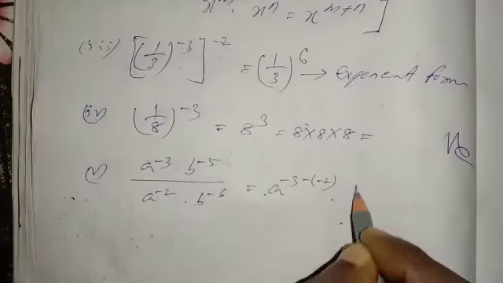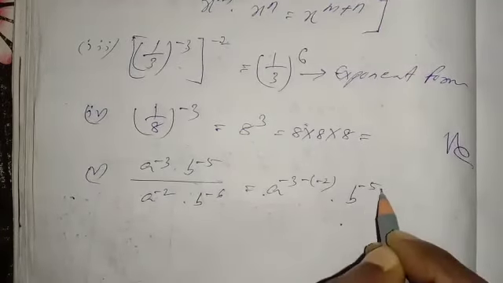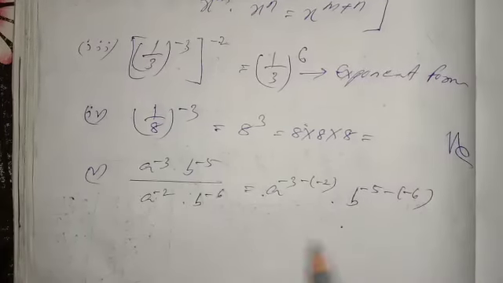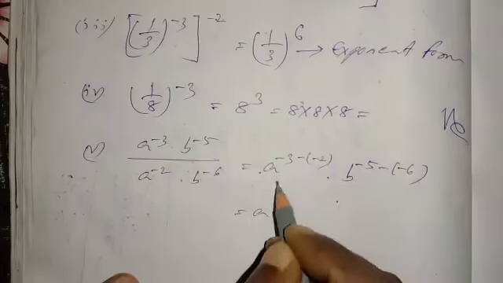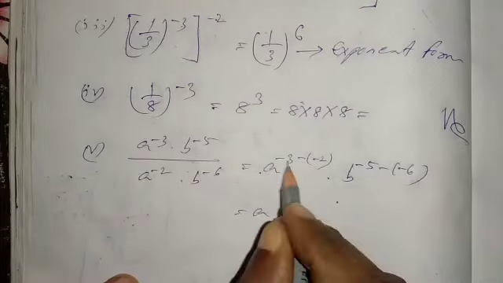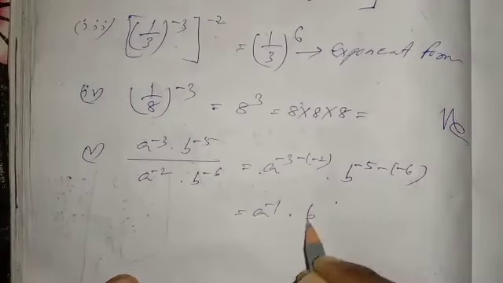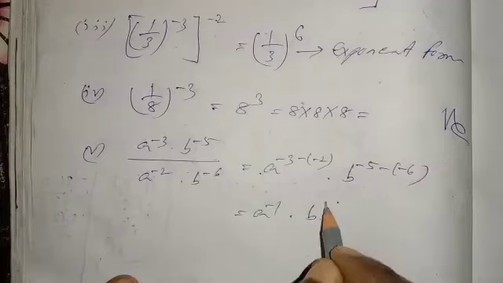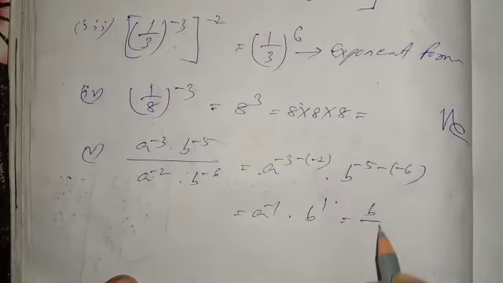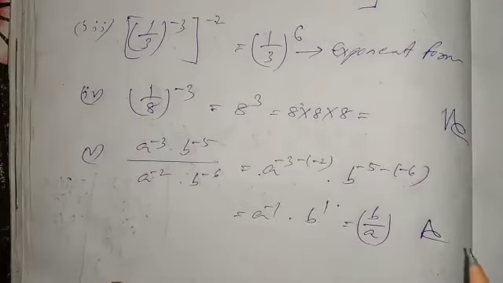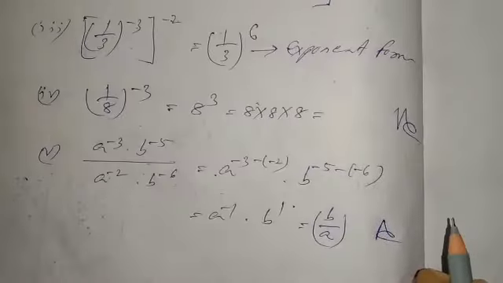In case of b, this will be b^(-5 minus of -6). Finally, how much are we getting? a^(-3+2), and -3 plus 2 means -1. And b^(-5+6) means 1. That means b/a is the answer.